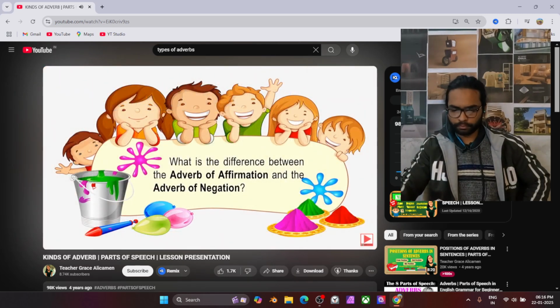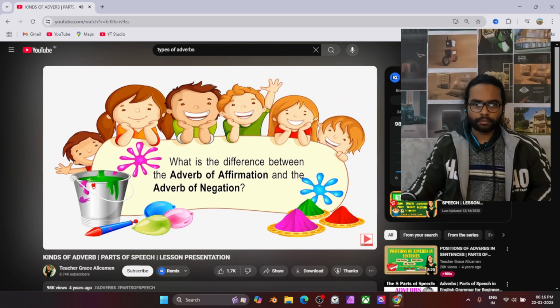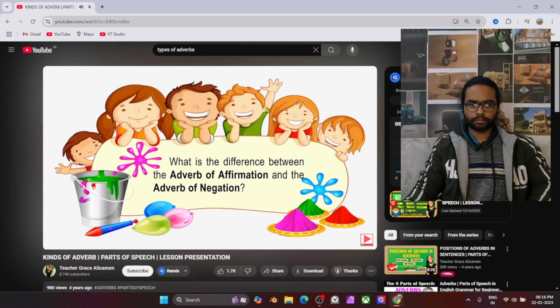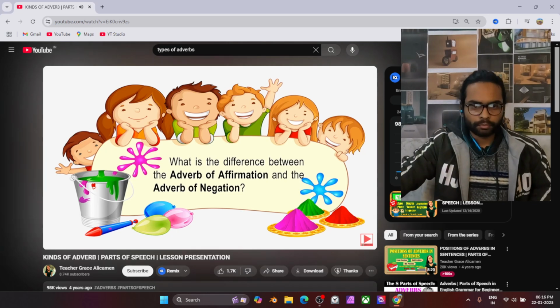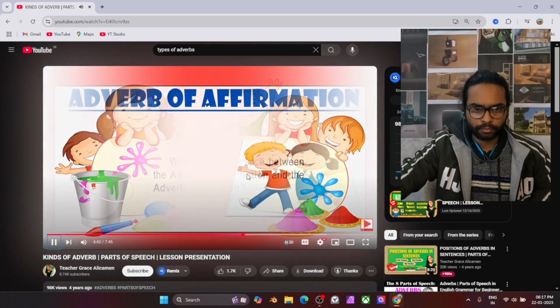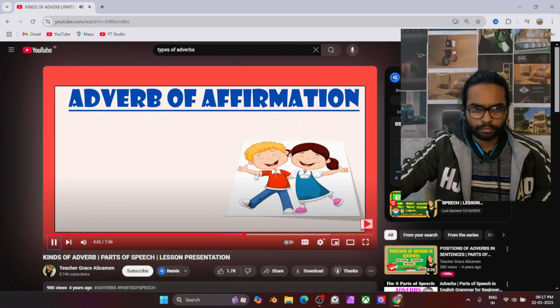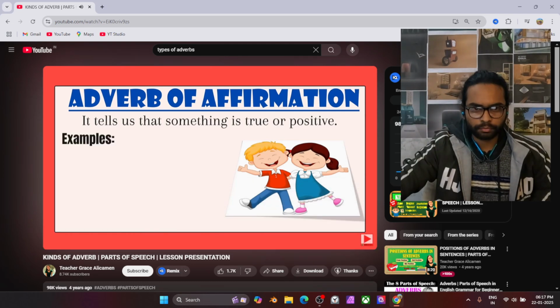What is the difference between the adverb of affirmation and the adverb of negation? Adverb of affirmation. It tells us that something is true or positive.